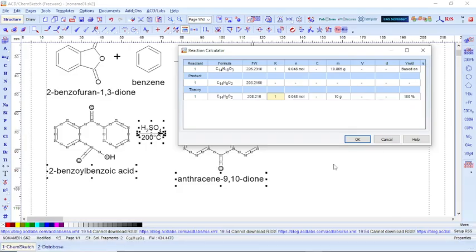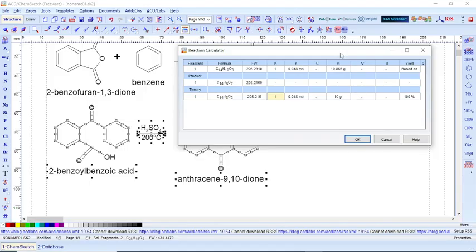But remember that this benzoic acid is not your starting reagent, it's an intermediate. So you are going to take note of that mass, copy it somewhere, 10.865 grams.